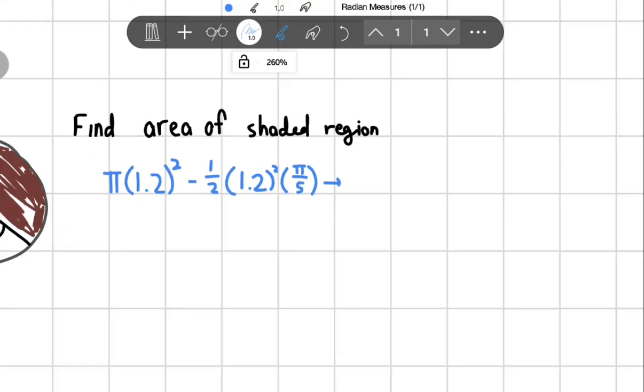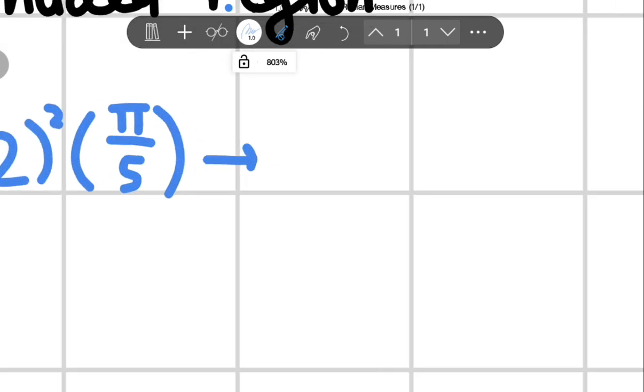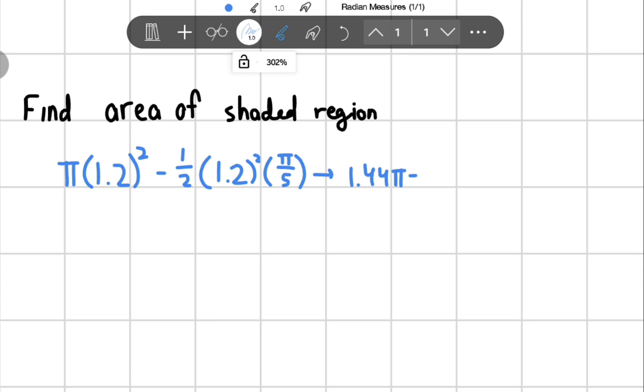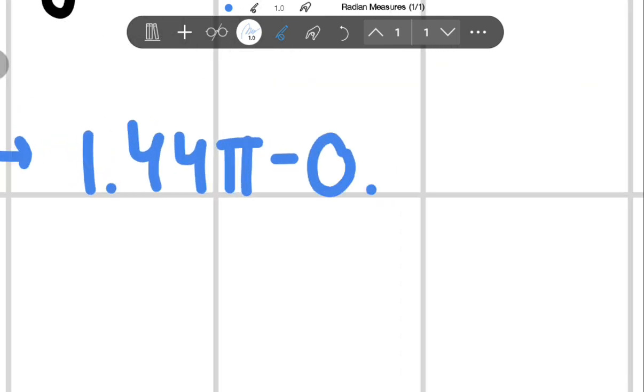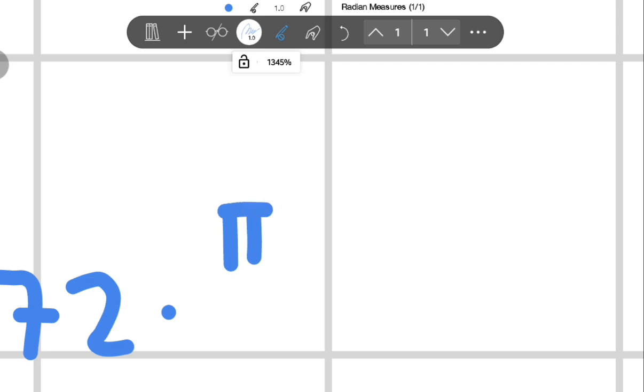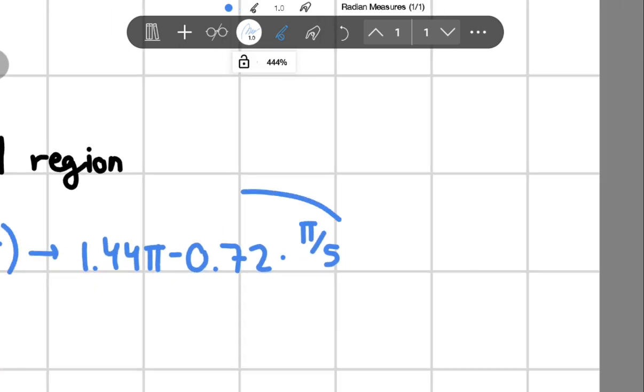1.2 squared is 1.44, so we have 1.44 pi minus half of that, which is 0.72, times pi over 5. Let's see if we could calculate this and see whether it's going to be a rational number or not.